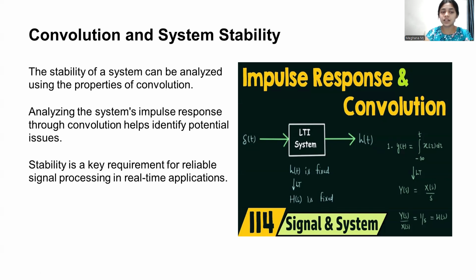This stability is a key requirement for reliable signal processing in real-time applications, where delta(t) undergoes an LTI system and we get h(t), where y(t) equals the integral from minus infinity to t of x(tau) d tau, h(t) is fixed, and under the Laplace transform H(s) is also fixed. Y(s) equals X(s) divided by s, so Y(s) divided by X(s) equals 1 by s, which equals H(s).